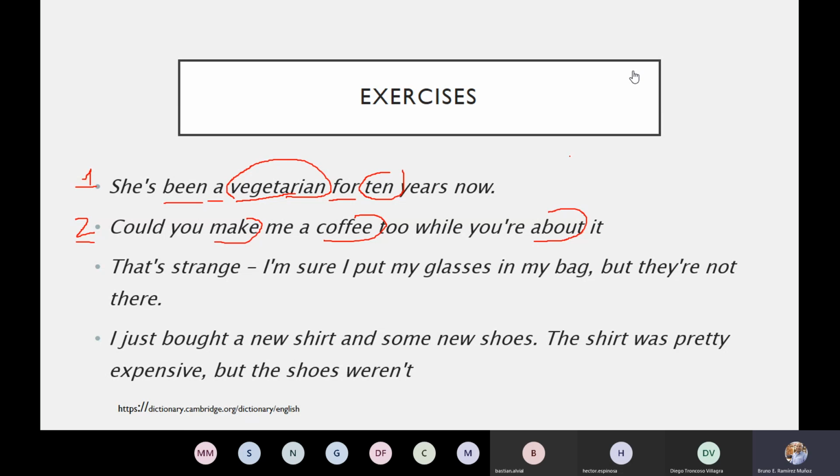For example, can you cook? In the first element of can you cook?, can we use a reduced form or a weak form, can, with a schwa, because it's a modal. Modals in English, like can, may, might, could, we use the weak form for these words, right? Can you cook? But when you're answering, you say, yes, I can.